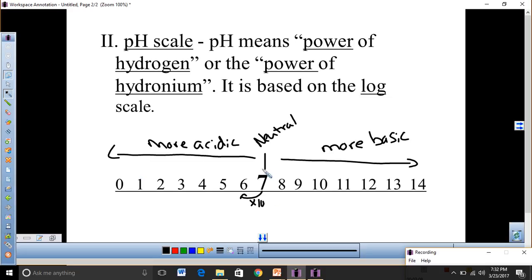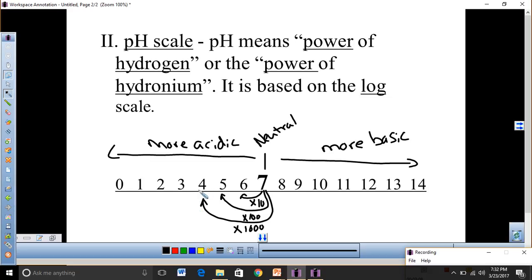Go that way acidic, go that way more basic. So that's 10 times. That's 100 times. That is 1,000 times more acidic. Go one more, and that's 10,000 times more acidic. So that's what logs are, moving by the power of 10 between the numbers.